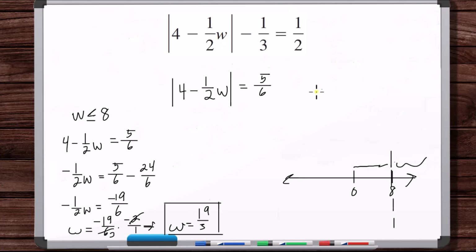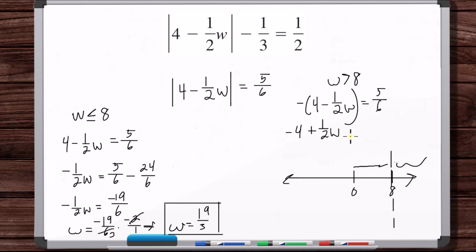Okay, well, now what about greater than 8? So w is greater than 8. That means this, what's inside the absolute value, is going to be negative. So let's see, minus 4 plus 1/2 w is equal to 5/6.